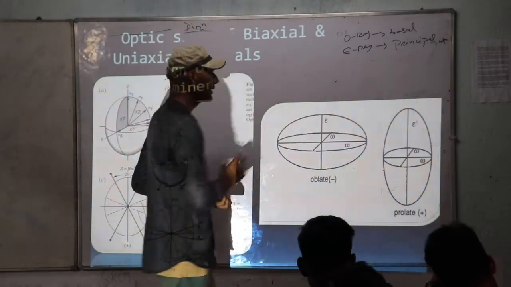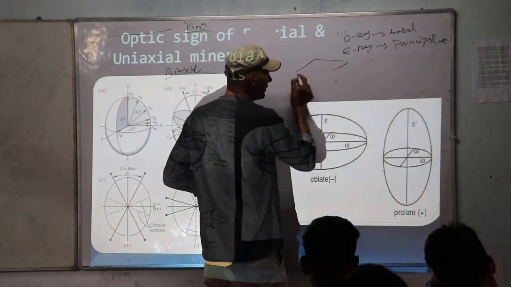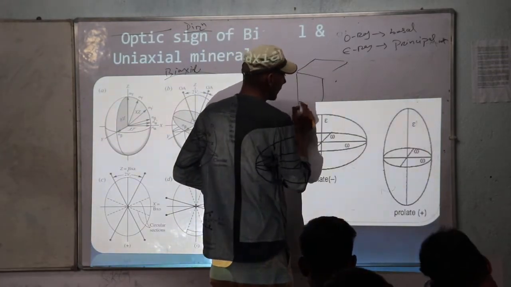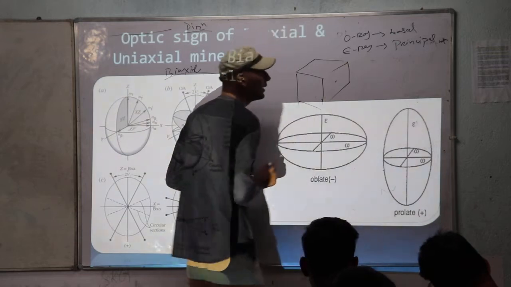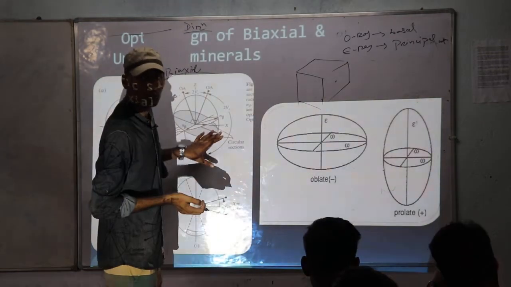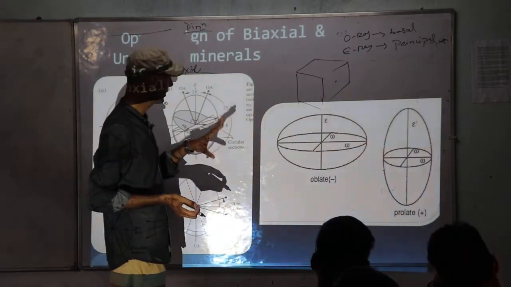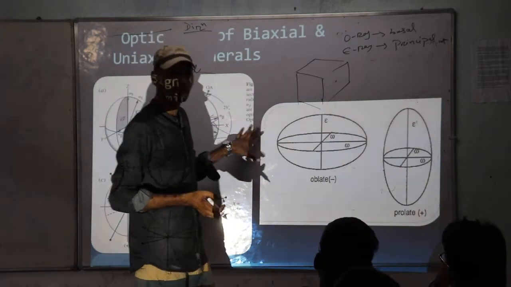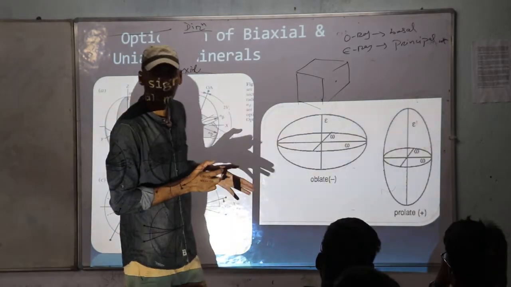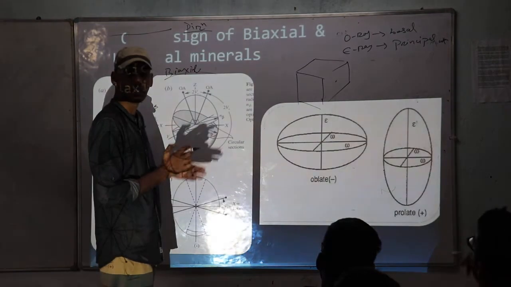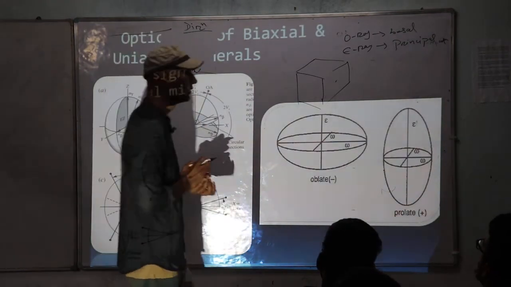In a crystal, what are the uniaxial minerals? What are the systems crystallizing in which give uniaxial minerals? They come under uniaxial minerals.